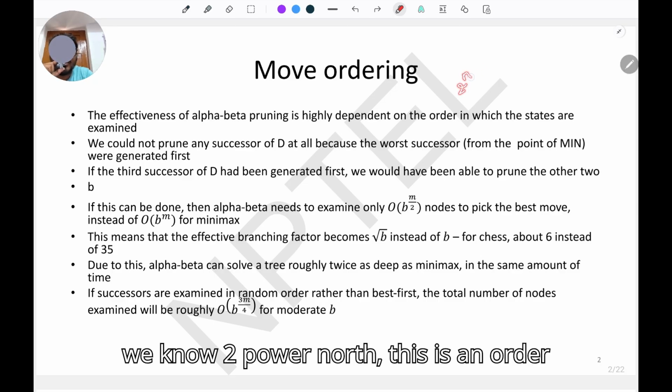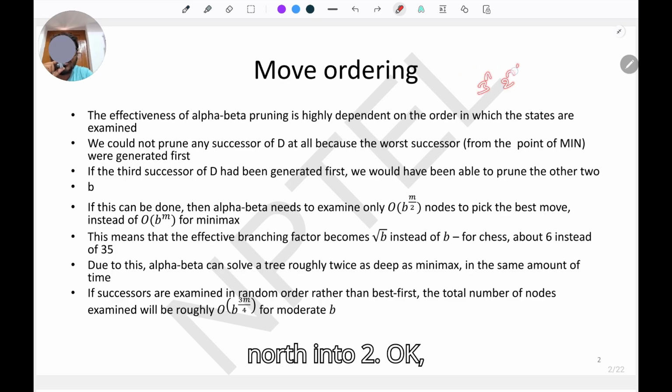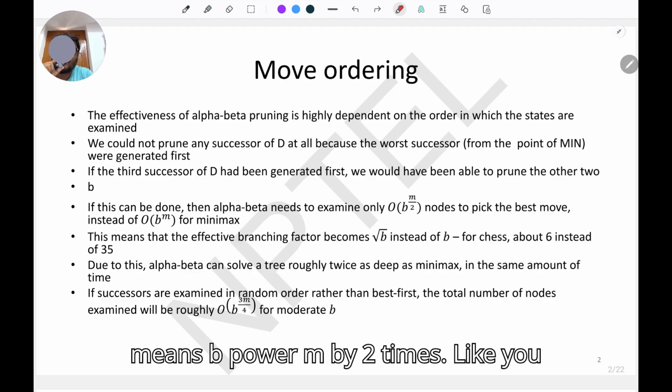We know 2 power n is exponential. B power m means b multiplied m times, and b power m by 2 means b multiplied m by 2 times.